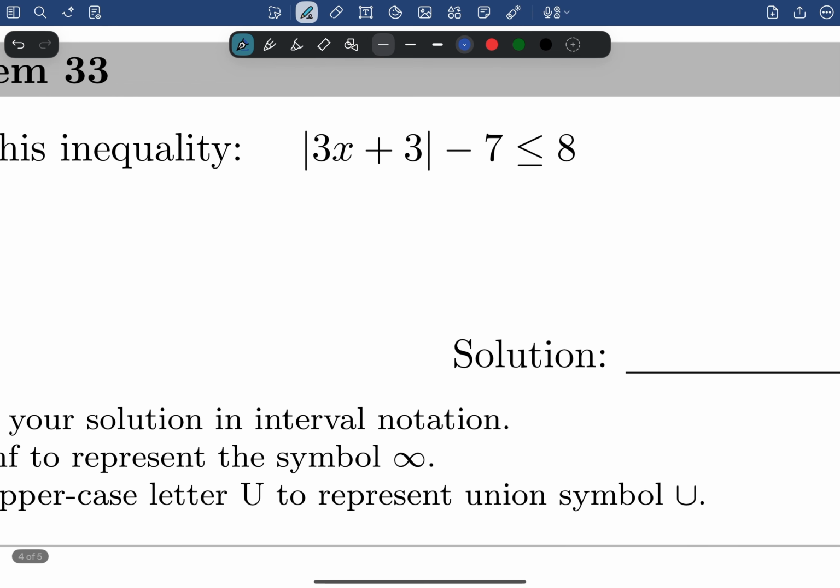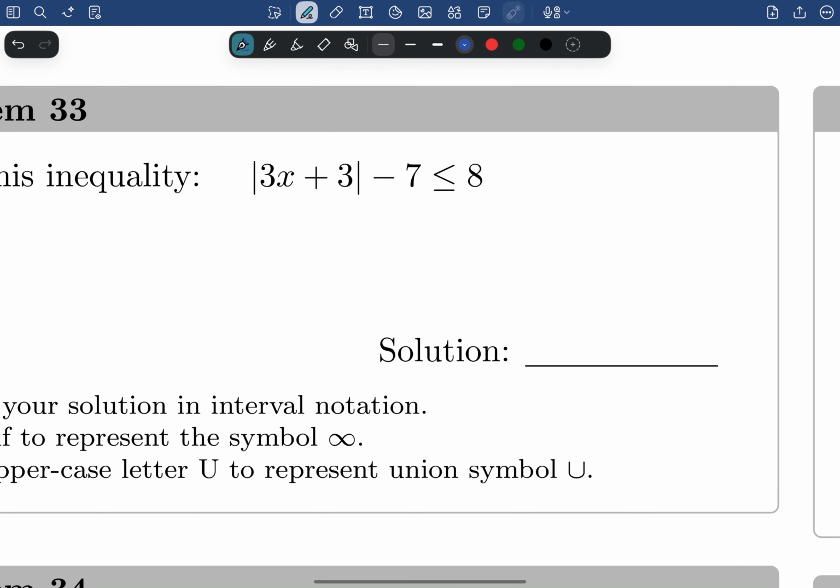First, we want to isolate the absolute value. You see this -7 right here? Well, we're going to add it to the other side so that we can isolate the absolute value. Rewriting this, I now have the absolute value of 3x plus 3 is less than or equal to 8 plus 7, which is 15.